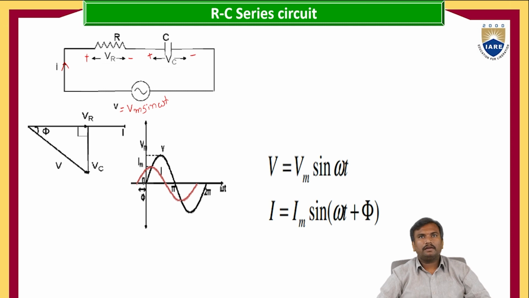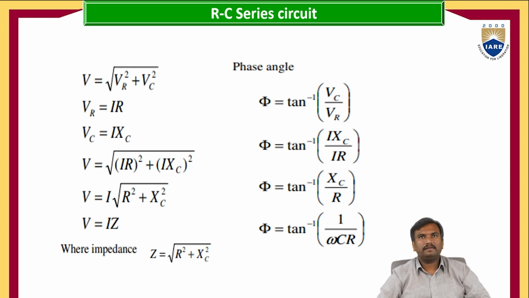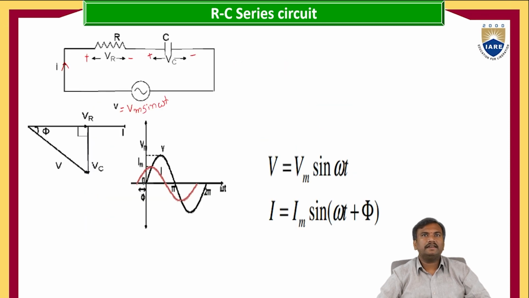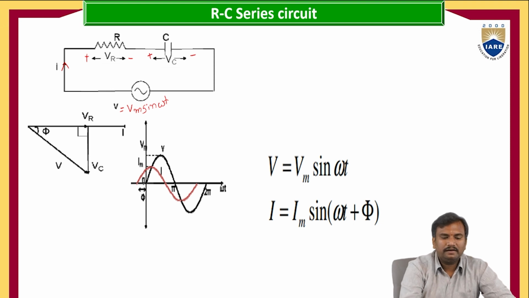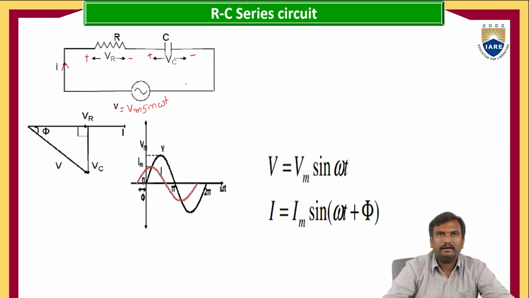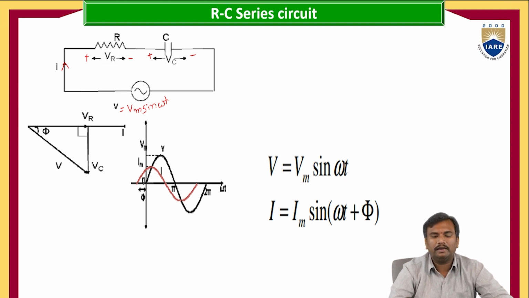When the resistance and capacitance are connected in series, the voltage we are giving is V equals Vm sine omega t, and I equals Im sine omega t plus phi.